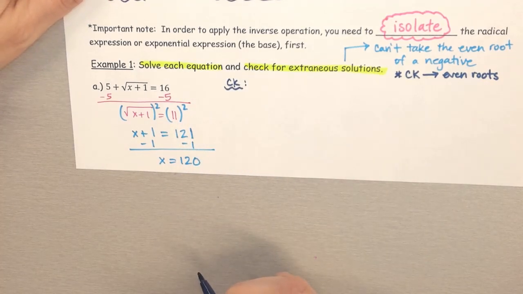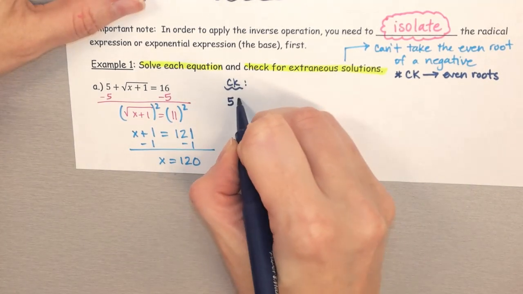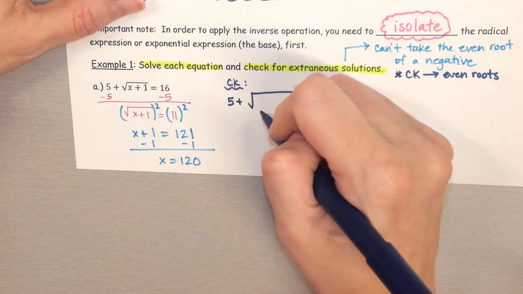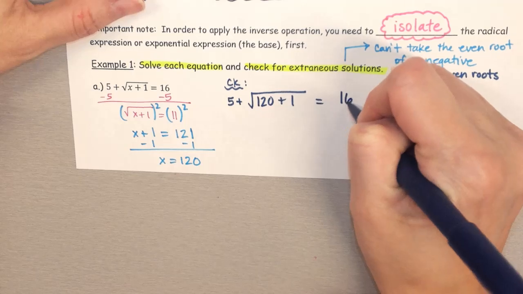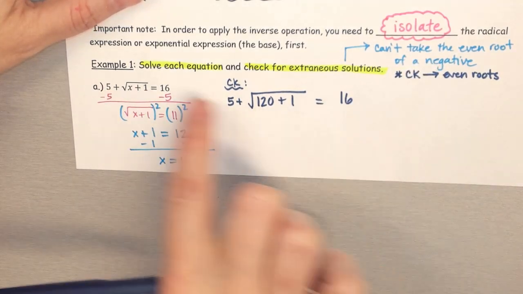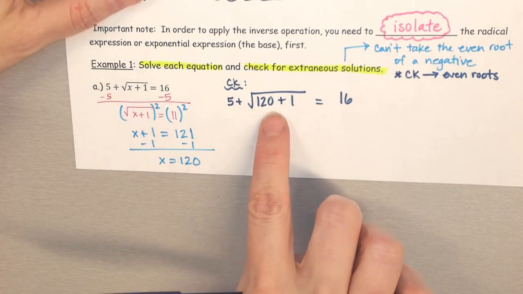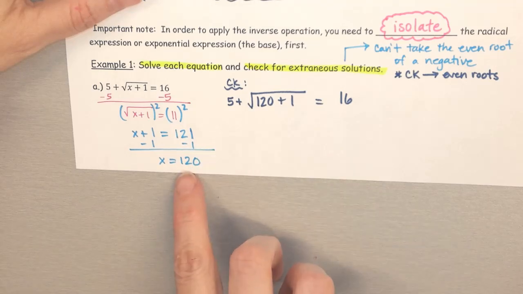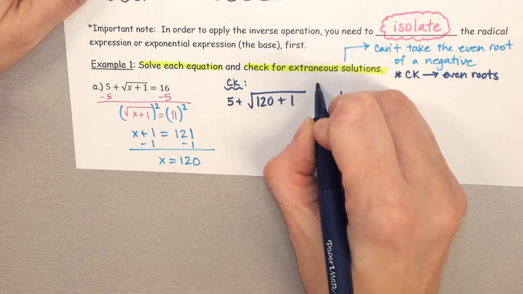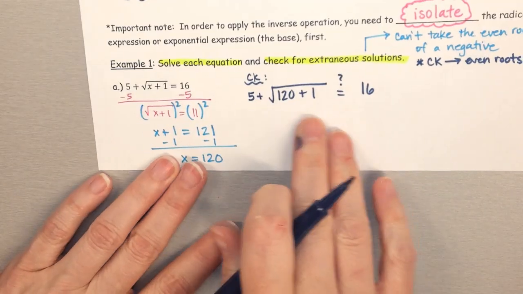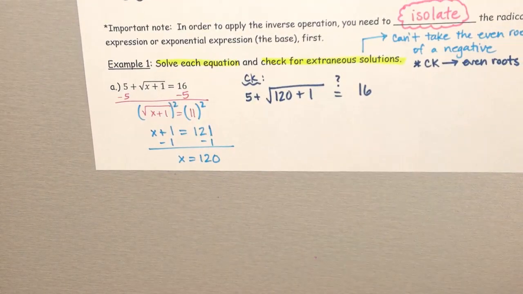Okay, so when you are checking, you are going to plug in your x value as your first step. Okay, your first step should always look exactly like your given equation, but you have plugged in your value for x. Okay, now when you are checking, you can't move anything over, so I can't subtract the 5.